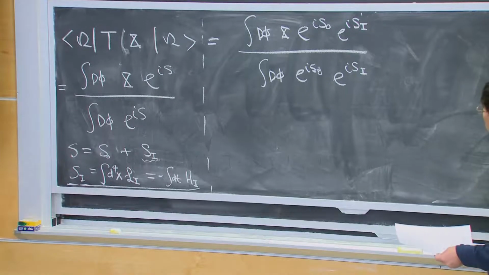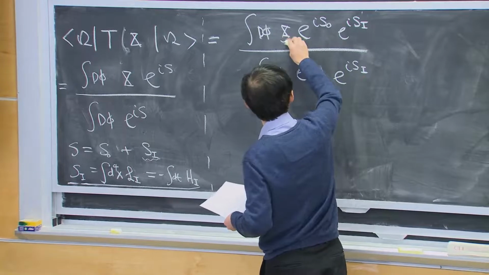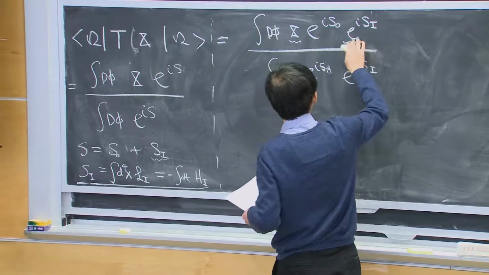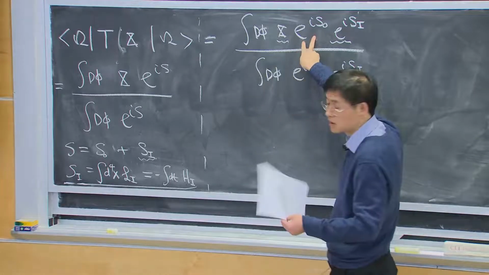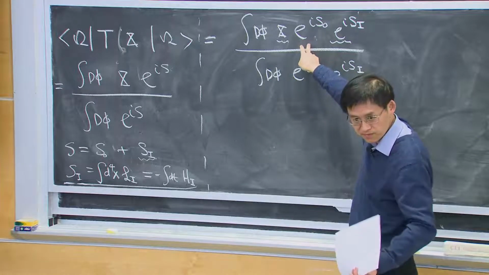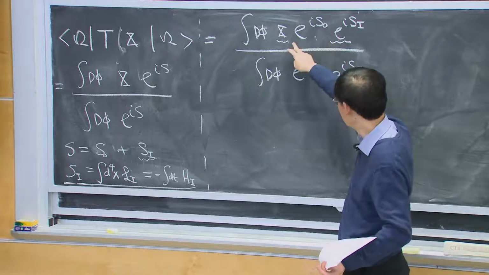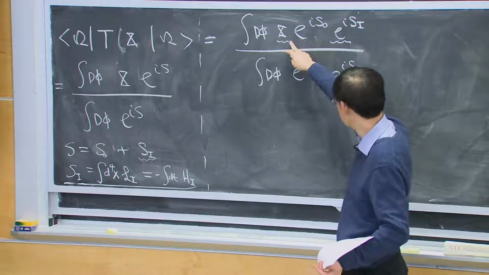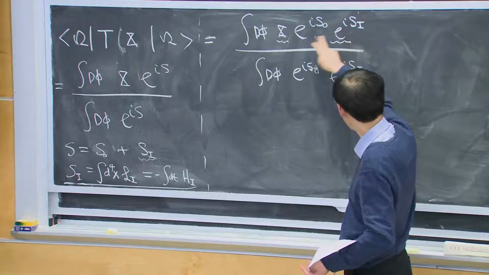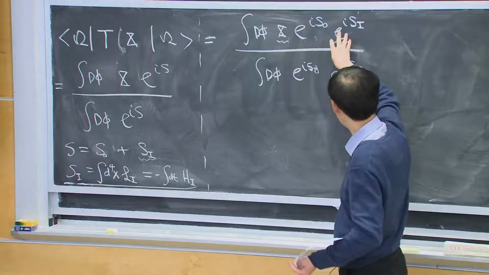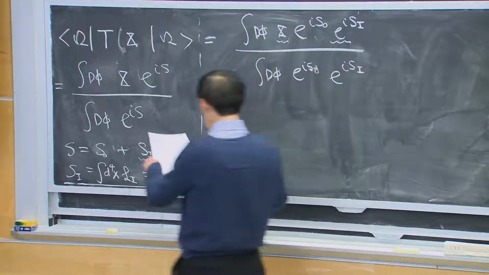And now we can treat this as the integrand for the integration in the free theory. So we can interpret this just as an integrand for the free theory as some, say, X prime. So X times the expression e to the iS_I is another X for the free theory, and similarly here.